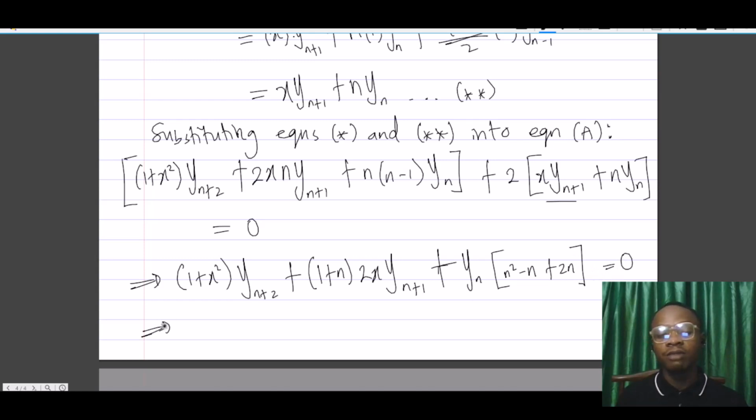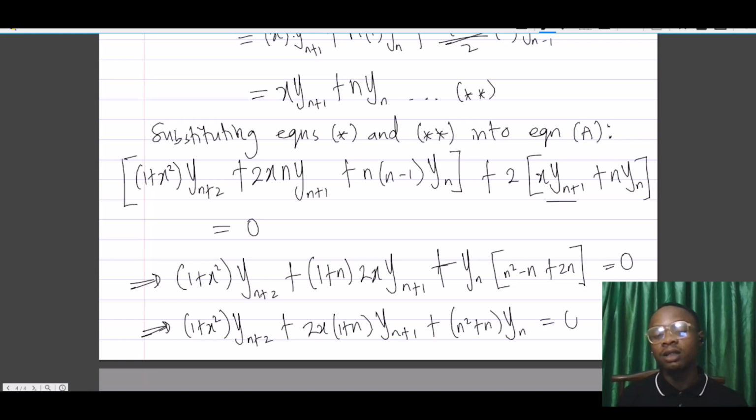So from here we have this expression, which is (1 plus x squared) y sub n plus 2, then plus 2x into (1 plus n) y sub n plus 1, then plus n squared minus n plus 2n, that is n squared plus n, into y sub n equals 0.